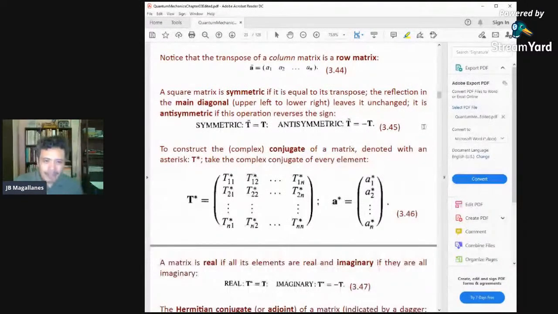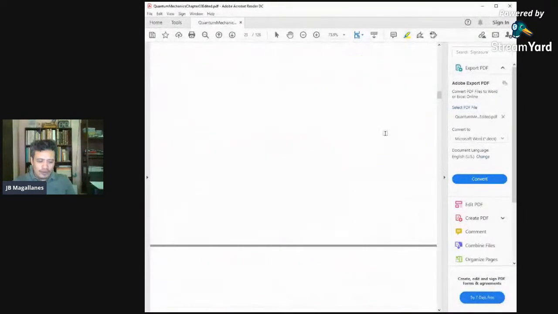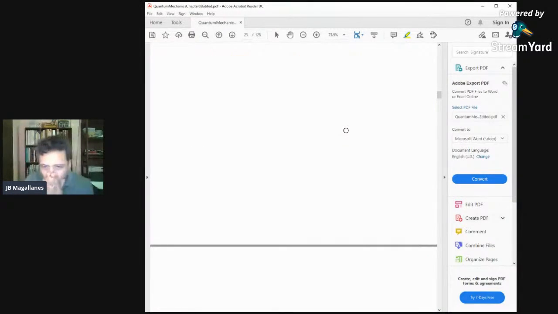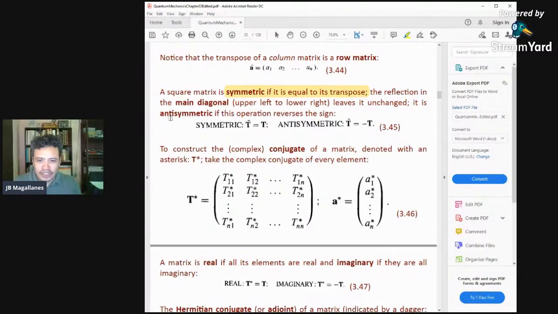Now there's a definition here of a square matrix that is symmetric. If you have a symmetric matrix, then its transpose is equal to the original matrix. There's also an anti-symmetric matrix, and this will give you a reverse sign of the original.